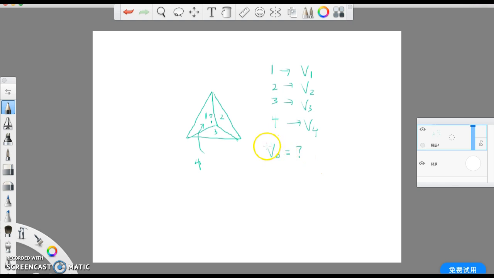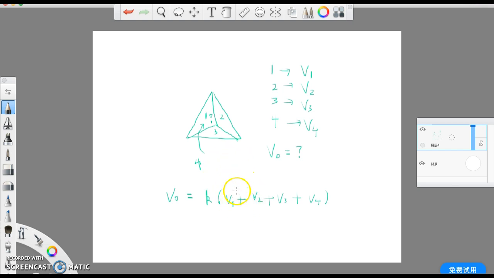But if you just want to get the answer out, it's very simple, because the four faces are completely symmetrical with regards to the center O. So you can't imagine any other answer than something like V0 is equal to k, which is a constant, times V1 plus V2 plus V3 plus V4, because all the faces are symmetrical with respect to the center.